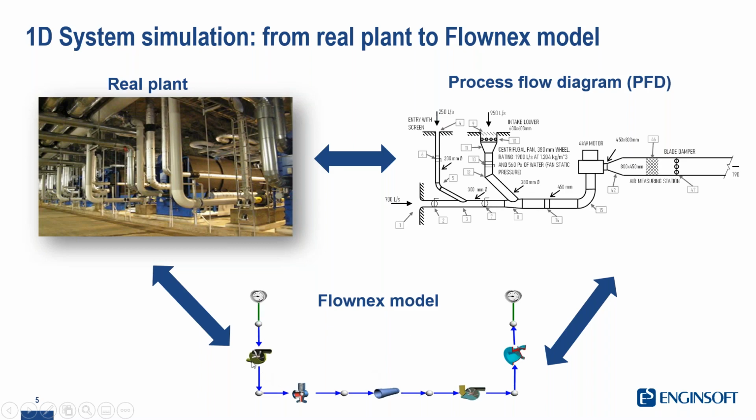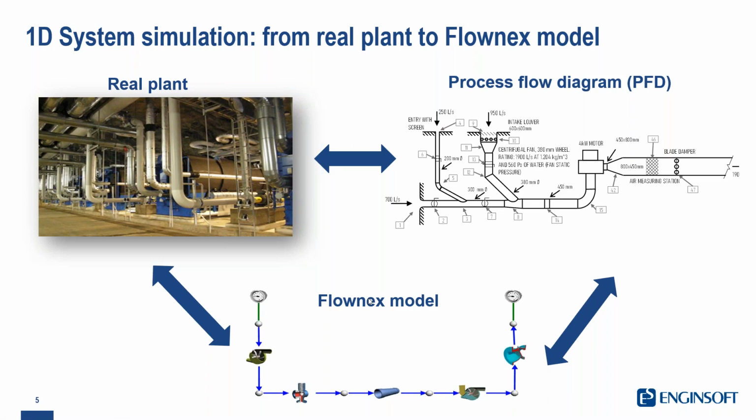So you have the blower, you have the valves, you have the channels, you have the filters or the louver, and so on. So the idea is to have a model that is practically identical to the process flow diagram. So it will follow the flow, in this case the airflow, inside the different branches.